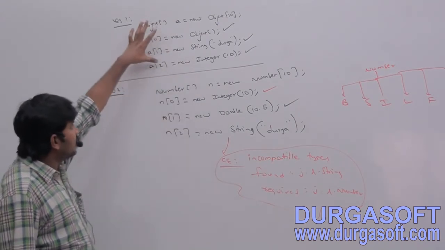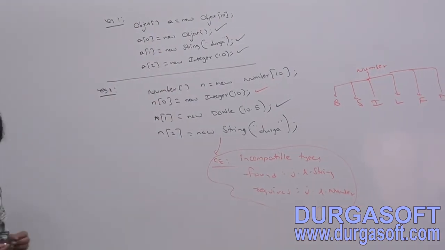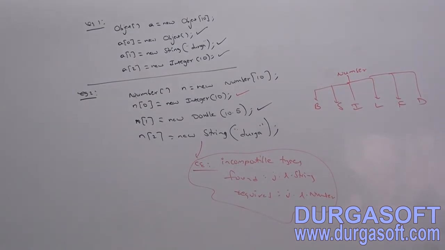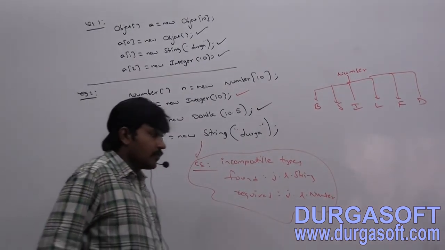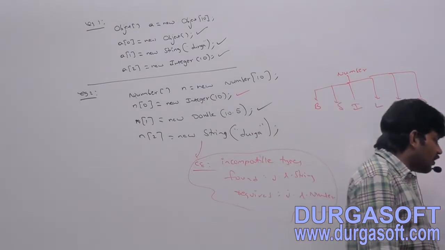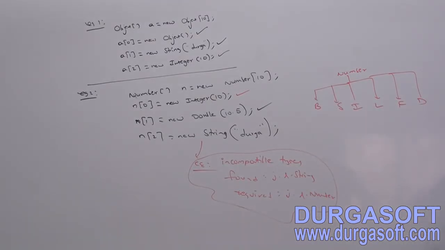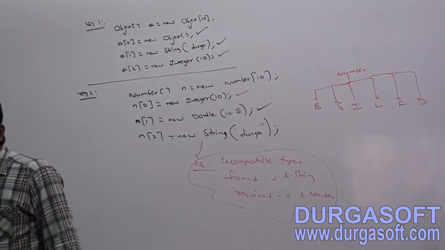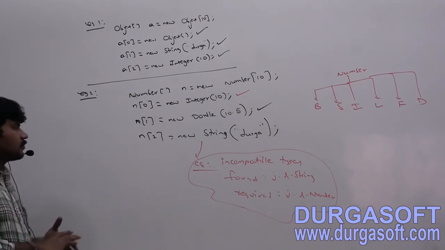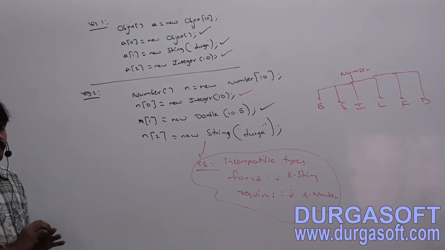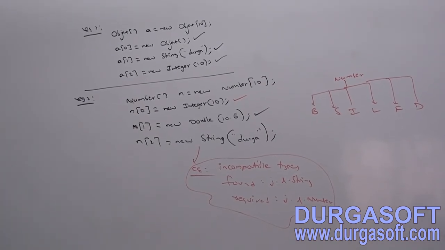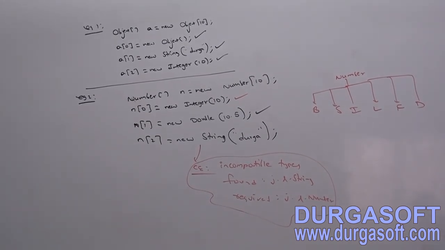Take this example 1 and example 2, both clearly. Either declared type objects or child class objects we can provide, no problem at all. Object array A is equal to new Object array of 10.